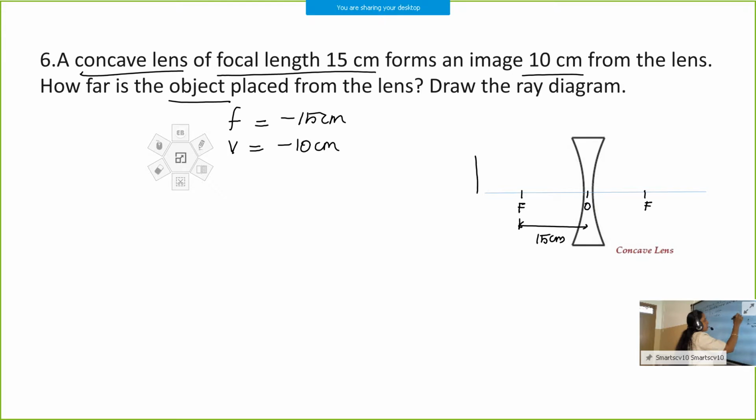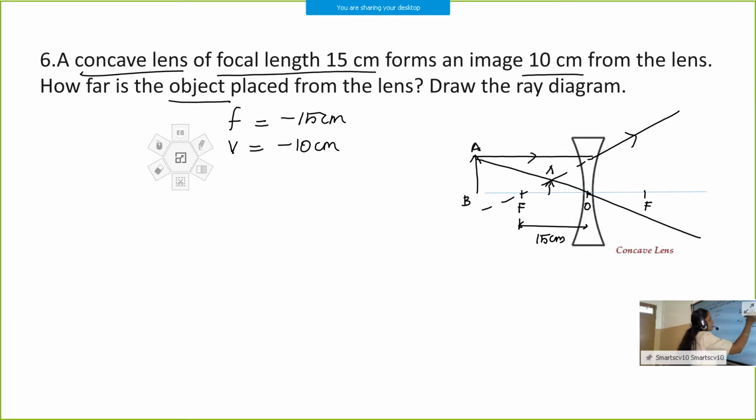And suppose this object... the second ray passes through the optical center, goes undeviated. See, these two meet at this point where you will get the image, and the image distance is given as 10 centimeter. So you have to find out what? Object distance. This distance you have to find out.